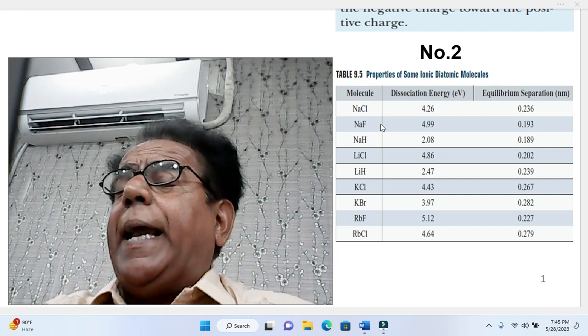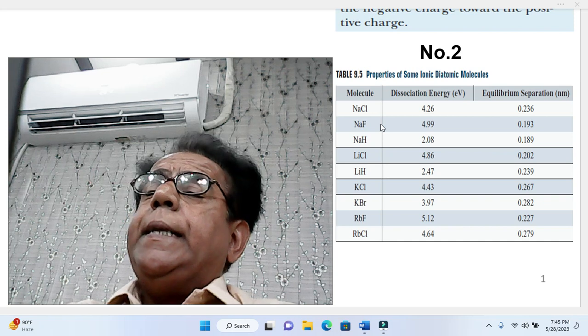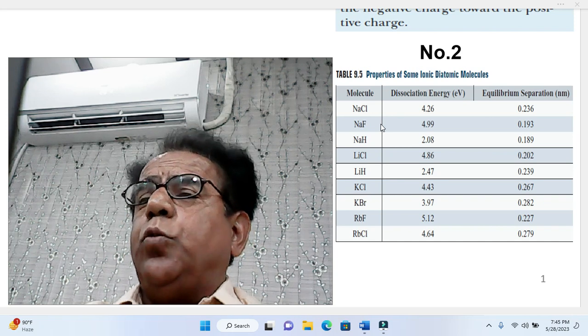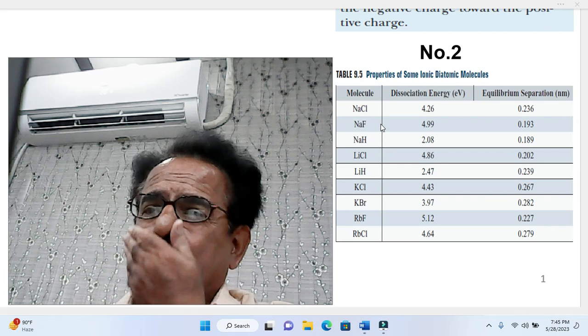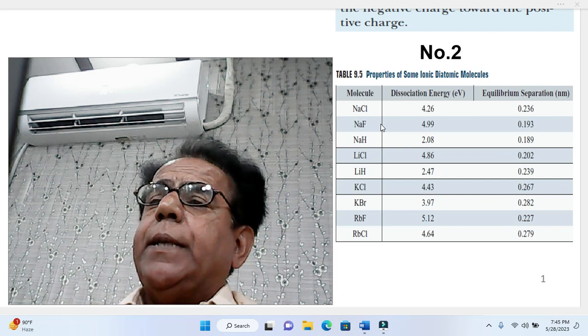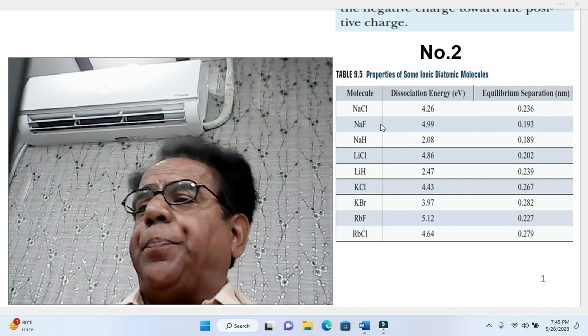This table has been chosen from some book in which it is contained in chapter number 9, which is why it is numbered table 9.5, that is to say the fifth table of the 9th chapter.